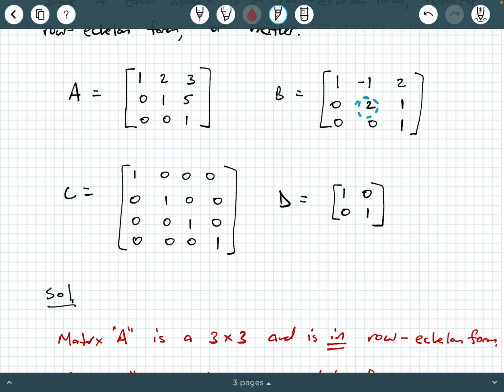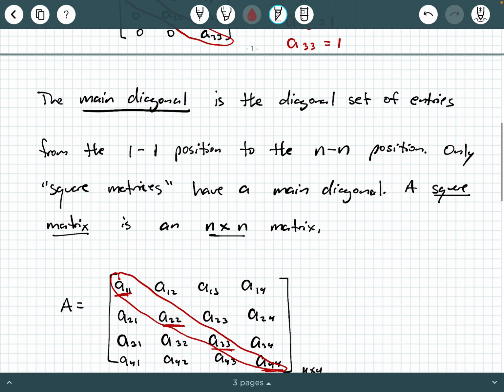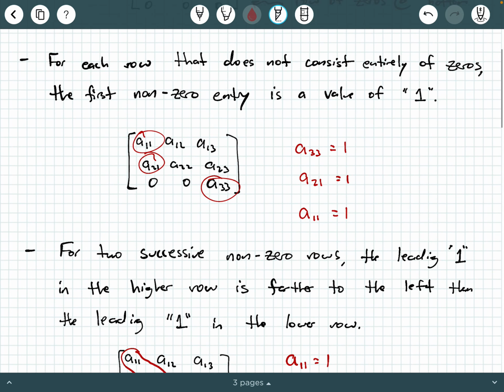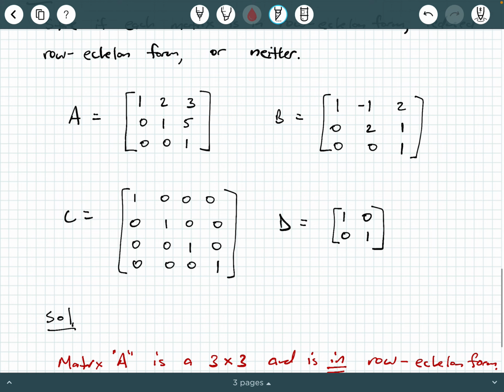This is preventing it from being in row echelon form. And if you remember back in the definition of row echelon form, it says for each row that does not consist entirely of zeros, the first non-zero entry is a value of 1. Well, in our matrix B here, in row 2, the first non-zero entry is the number 2. It should be 1. So this is neither row echelon form nor reduced row echelon form.